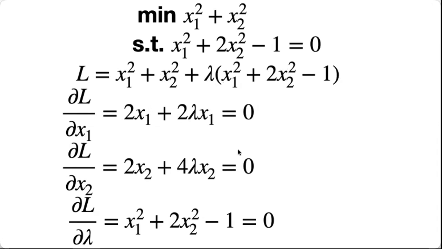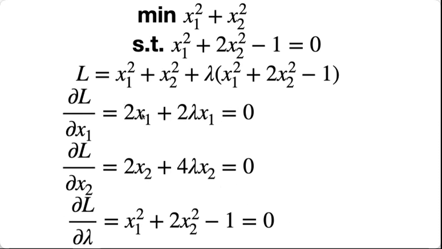And the last one, the derivative of the Lagrange function with respect to lambda, is clearly the equality constraint itself.